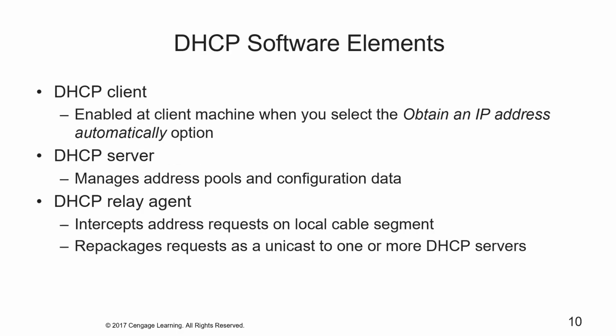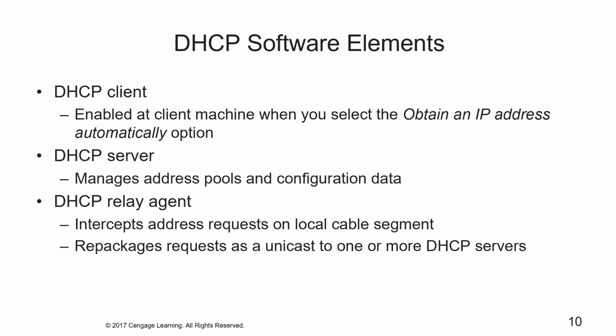So, the software elements of DHCP: you have the DHCP client. It's enabled on the client machine when you select the obtain IP address automatically option, as we saw before. The DHCP server manages the address pools and configuration data.